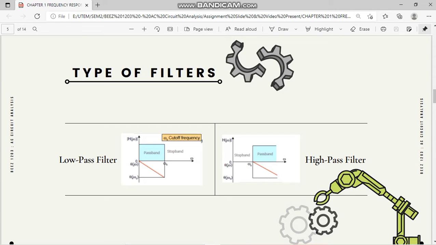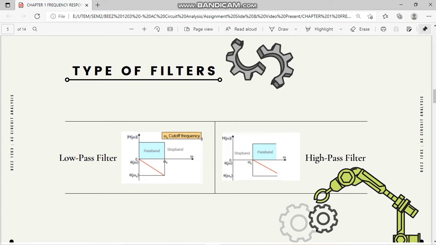So this is the diagram for the low pass filter. Next, the type of filter is high pass filter. High pass filter passes signals at frequency higher than the cut-off frequency from the input to the output. So this is the diagram for the high pass filter.